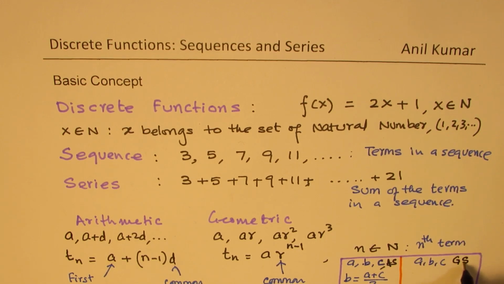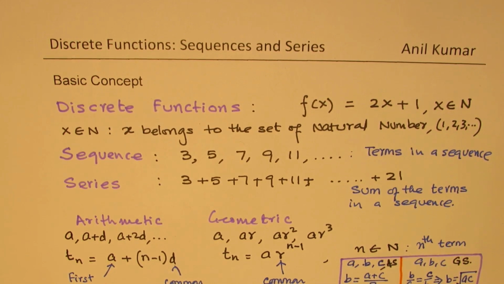If they are in geometric sequence, in that case, the ratio of b to a will be equal to c to b, and therefore b will be equal to the square root of ac. So this is called geometric mean, correct? So this is kind of important. We have questions related to arithmetic mean and geometric mean also in this particular list.